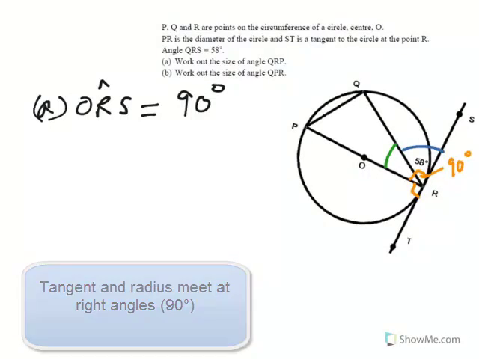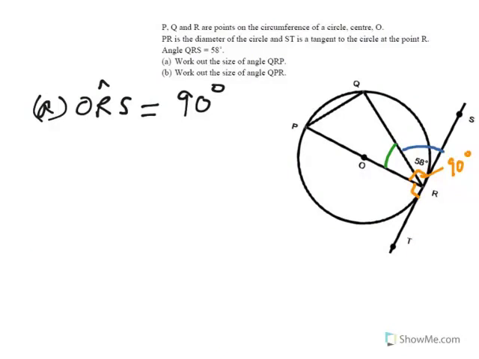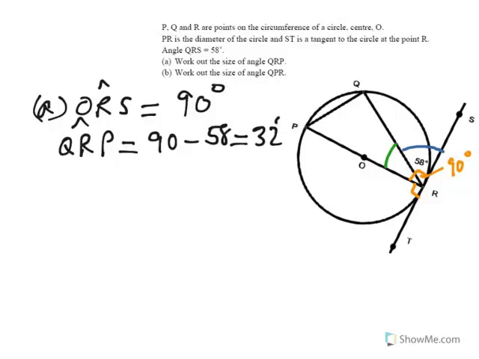Now you can see it's dead easy to find the angle QRP, the green one. So QRP is simply 90 minus 58 degrees, which is 32 degrees, and that's the answer to part A. So I'm going to put in here 32. Okay?